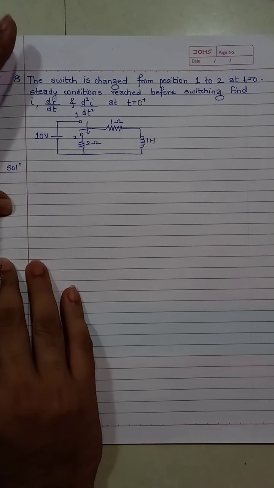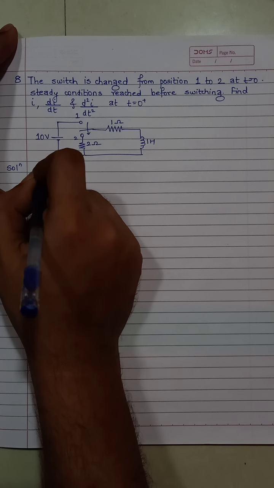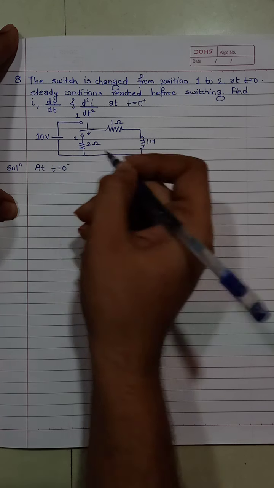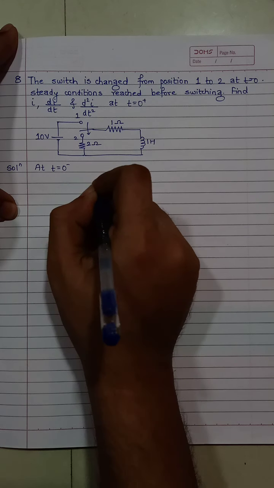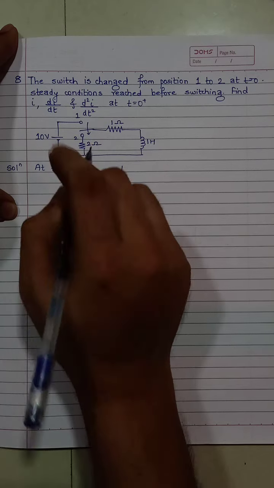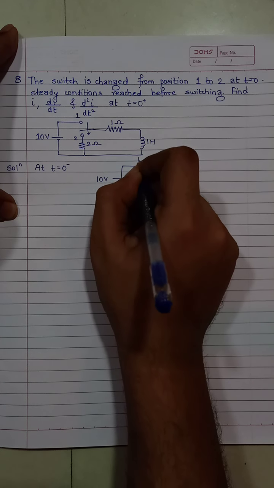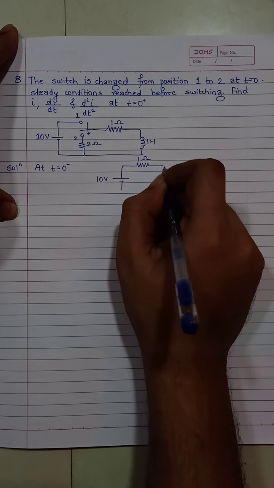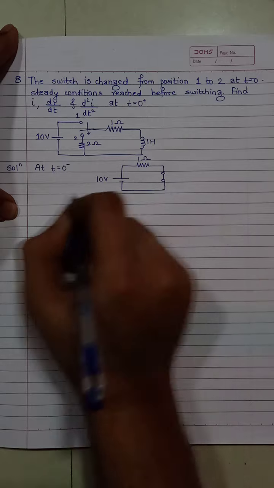So we'll draw the circuit at t equals 0 minus. The circuit will have the 10 volt source at position 1 and a 1 ohm resistor. The inductor will act as a short circuit.